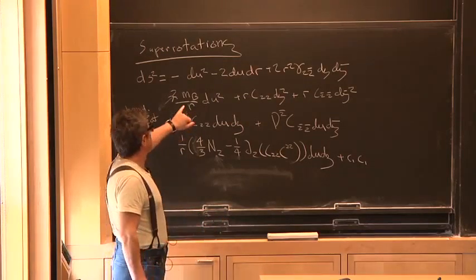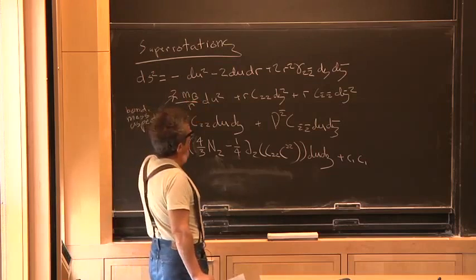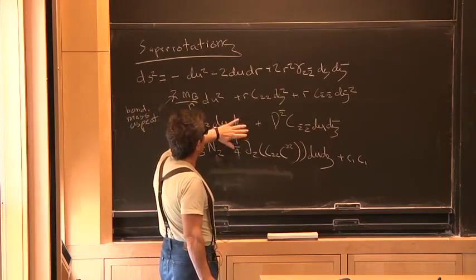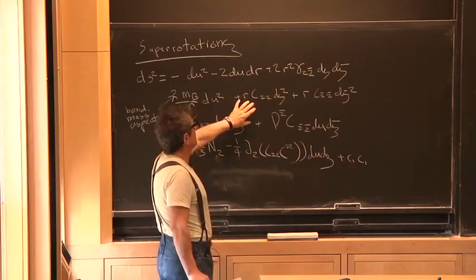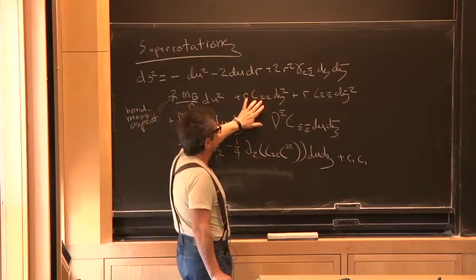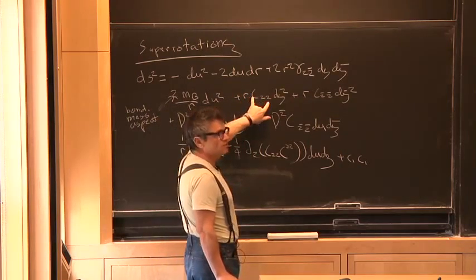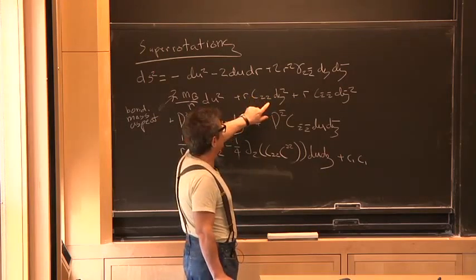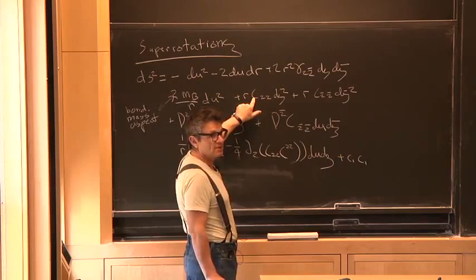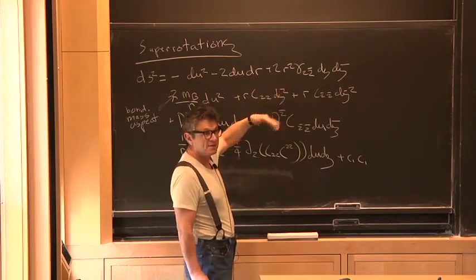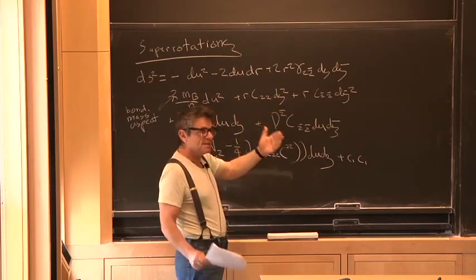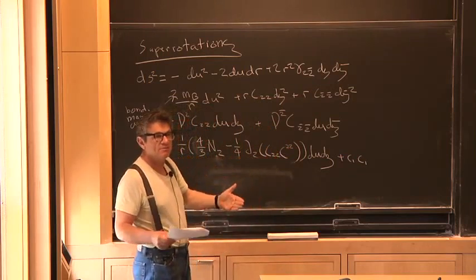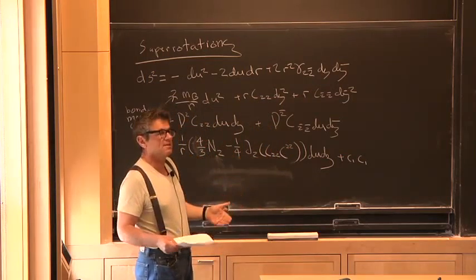Remember, if you knew the news, the u derivative of C, you had to specify a boundary condition on C to integrate it to get C. That boundary data is part of what C_zz is.